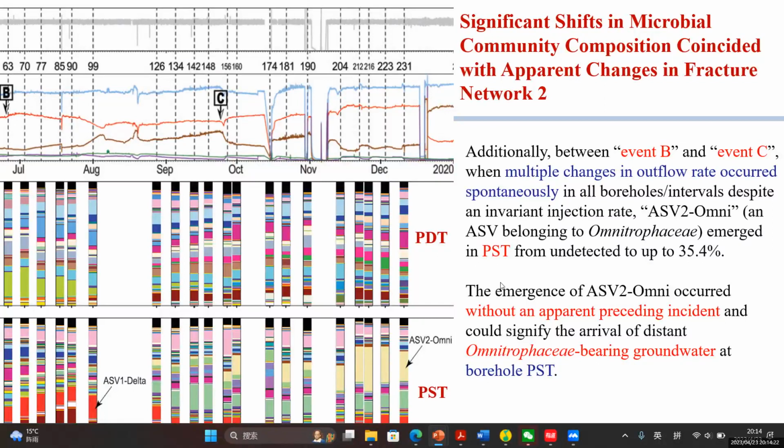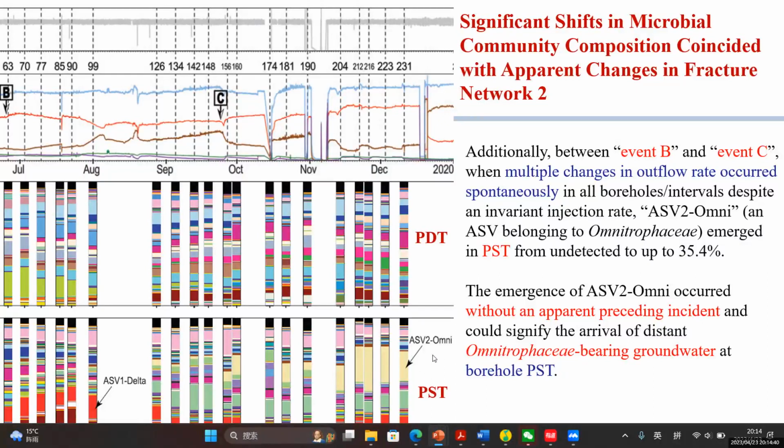Also, in the second part they also mentioned between event A and C, another kind of unclassified microbe started to be detected.